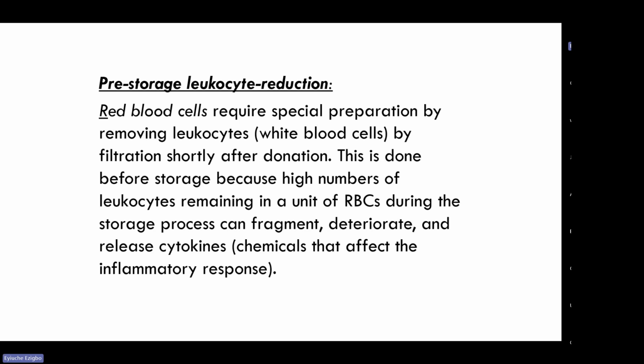This is done before storage because high numbers of white cells remaining in a unit of red blood cells during storage can fragment, deteriorate, and release cytokines. See what white blood cells can do if you leave them inside the red cells. That is why it's good to remove them. There are filters used for that, to remove the white blood cells because they can release cytokines.